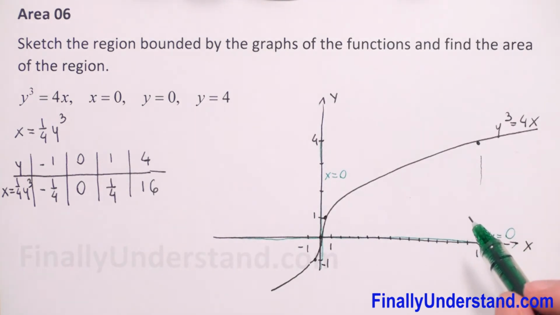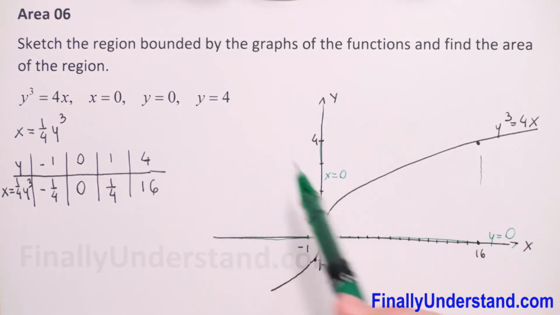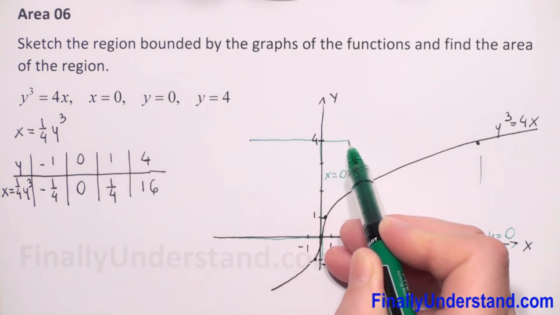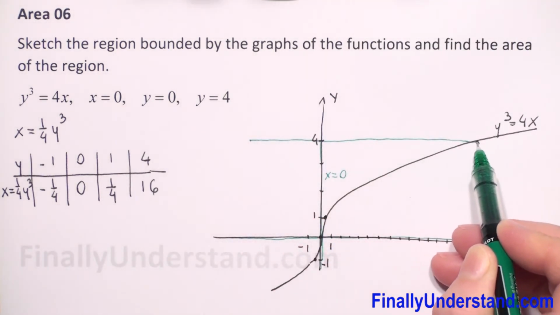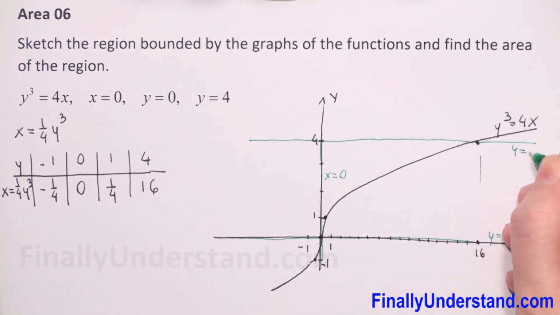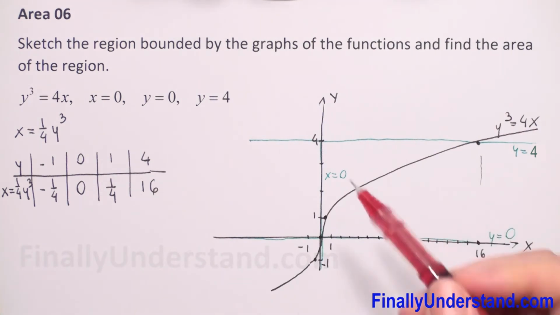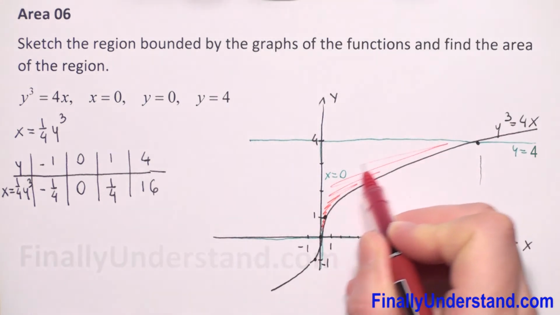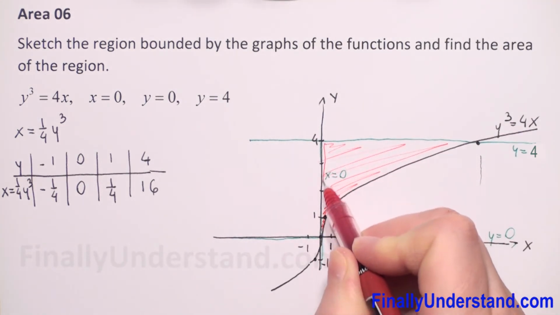And we have y equals 4. So this line is parallel to the x-axis. Y equals 4. So we got this area. We have to find this area.